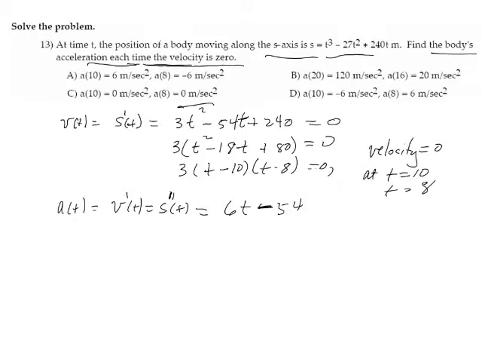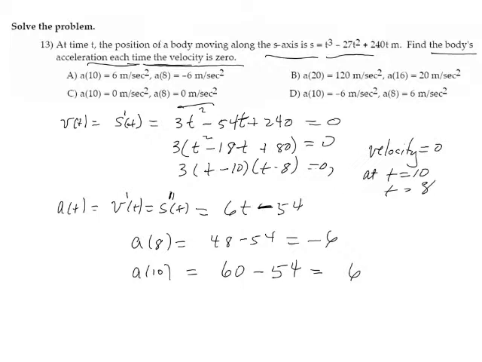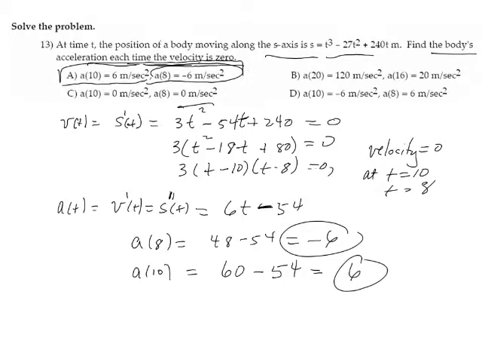So a at 8 would be 48 minus 54 equals minus 6, and a at 10 would be equal to 60 minus 54, which is equal to plus 6. So a at 8 equal minus 6, a at 10 equal plus 6. So that would be answer A.